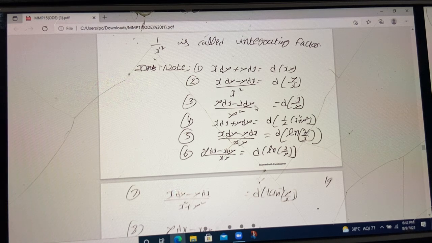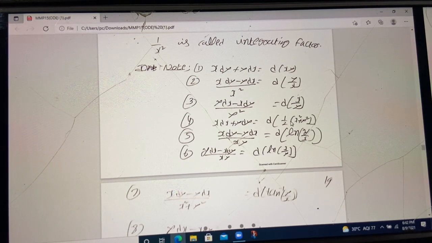Suppose you are given y dx minus x dy, then you have to multiply by 1/y², and this is equal to d of (x/y). So if we memorize these formulas, and the factor is missing, we can recognize how to write the expression in the form d of something. You need to multiply it by something, and you can predict that using these formulas.